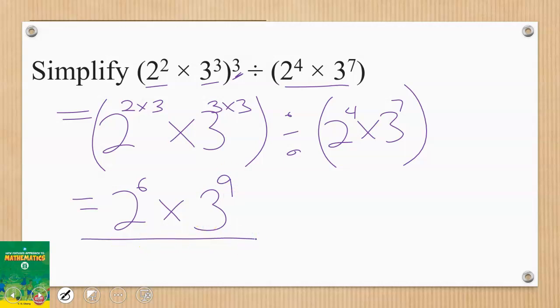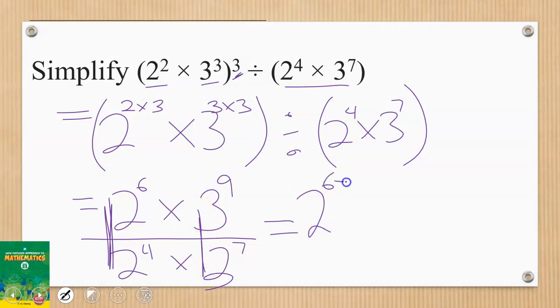2 exponent 4 times 3 exponent 7. I'm doing this because I can see the division for this 2, division for that 2. So the 2 will give me 2 exponent 6 minus 4. That is because 2 is dividing 2 here.